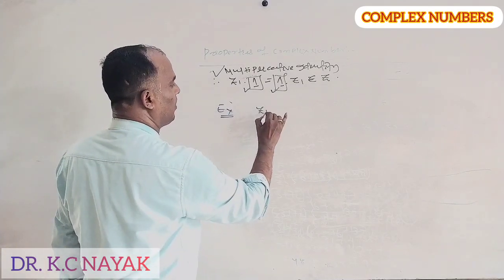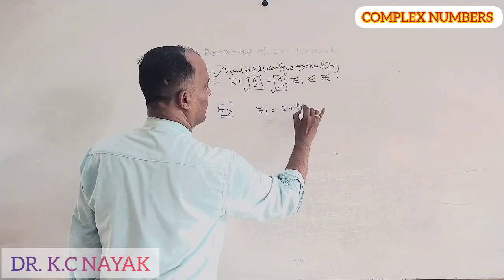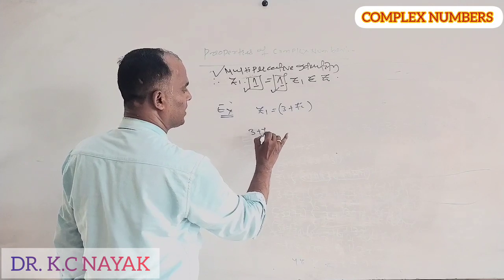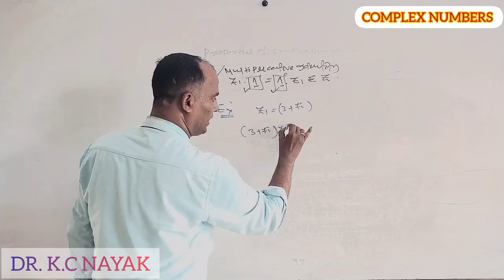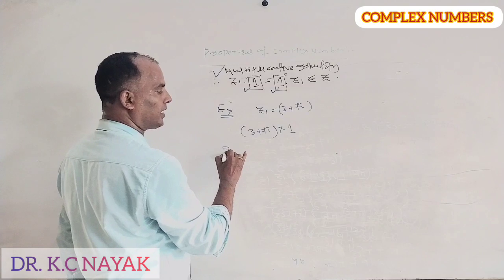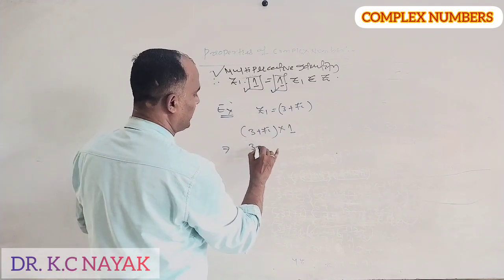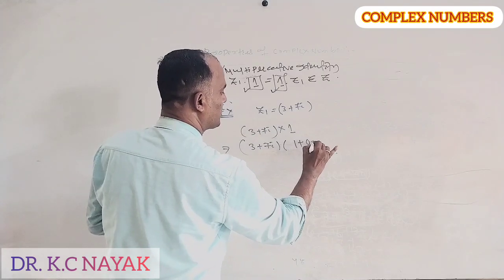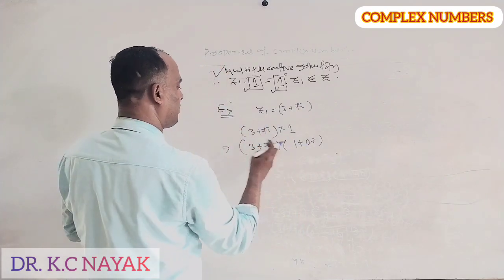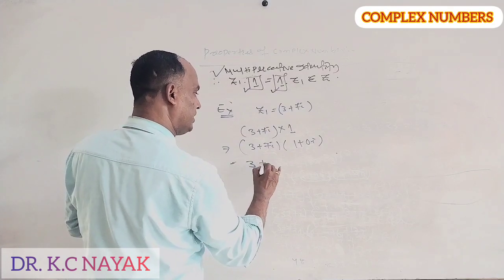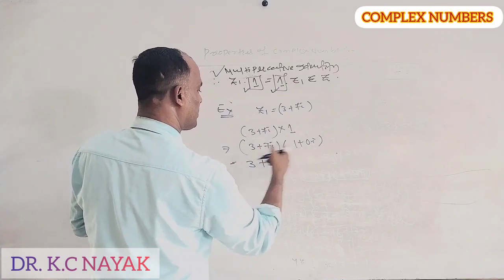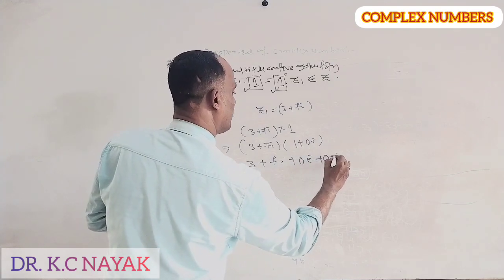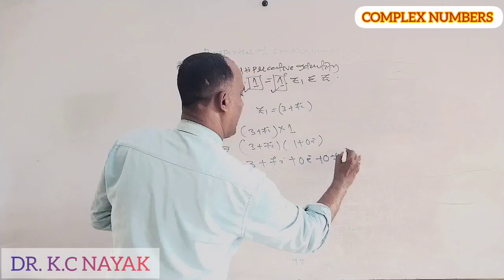For example, suppose Z1 is equal to 3 plus 7i. What is 1? We can multiply 3 plus 7i into 1 plus 0i. You can multiply: 3 into 1 is 3, plus 7i into 1 is 7i, plus 0, plus 0i, plus 0 times 7i square.